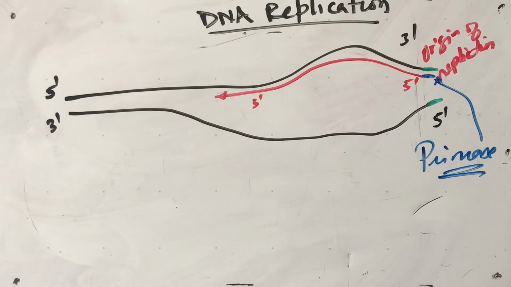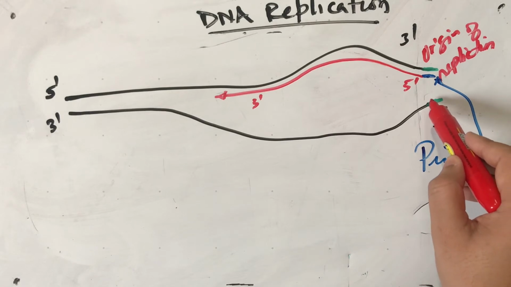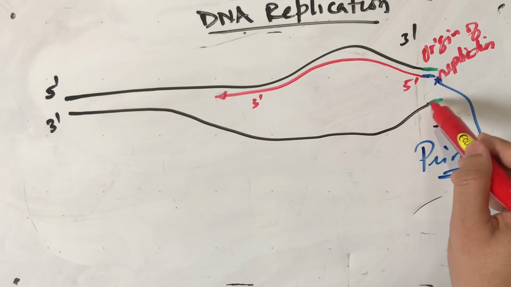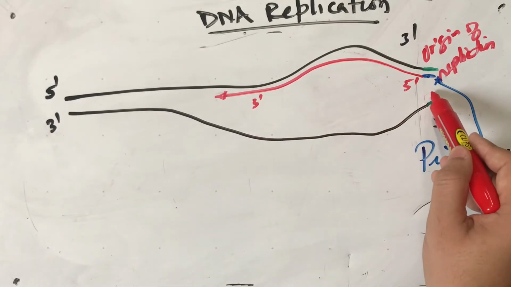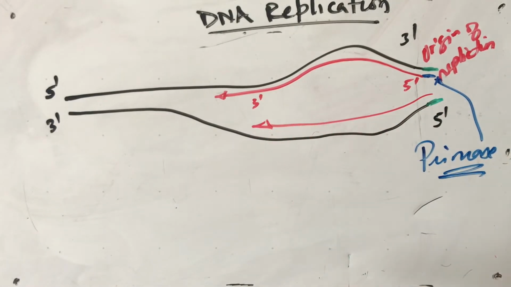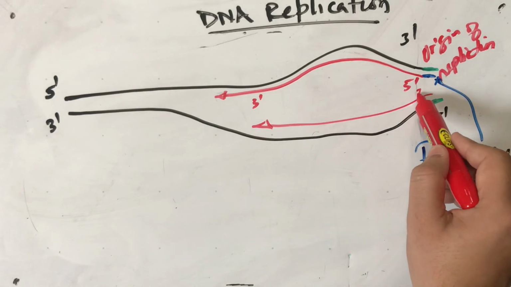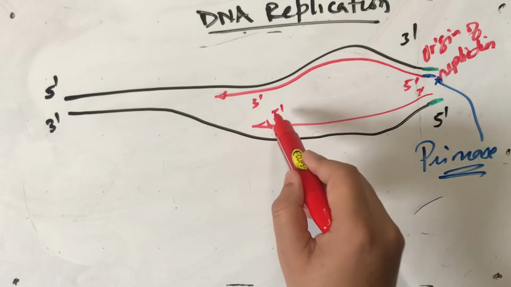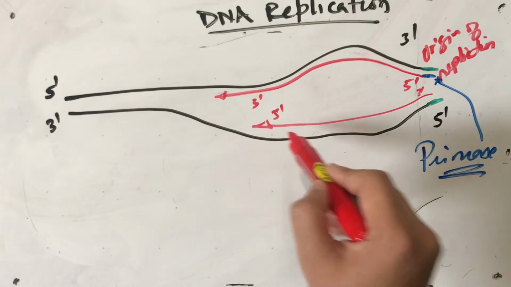Okay, now the second one is a little bit tricky because 5 prime is here and you have this origin of replication right here. So technically, if you run from this direction like that, it's gonna break the rule, right? You're gonna have a 3 prime here and then 5 prime here, and it tells us it's running from 3 prime to 5 prime direction.